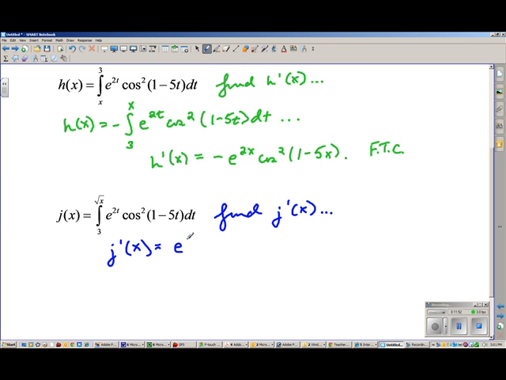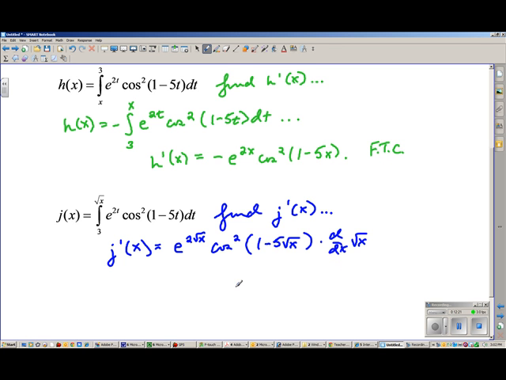So it's going to be e to the 2 radical x cosine squared 1 minus 5 radical x, and then we're going to multiply by the derivative of the whatever, in this case the derivative of radical x.